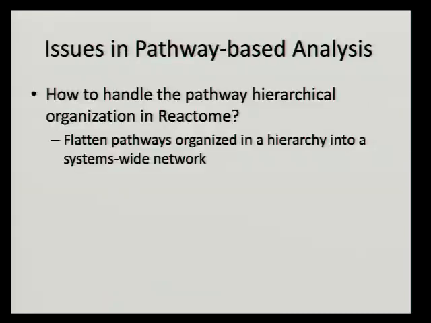So, two issues. The first one is hierarchical. What we can do is basically flatten all these pathways into one single network. So in your case, most likely these upstream reactions will sit on the top of this whole huge network. Then by doing network-based traversal, you can find what the downstream reactions will be.